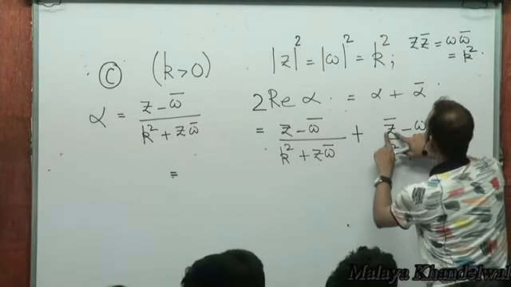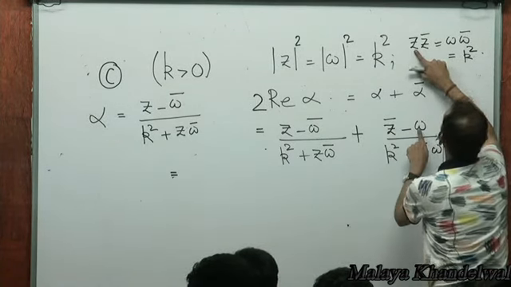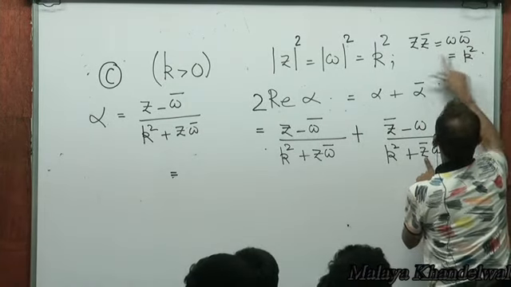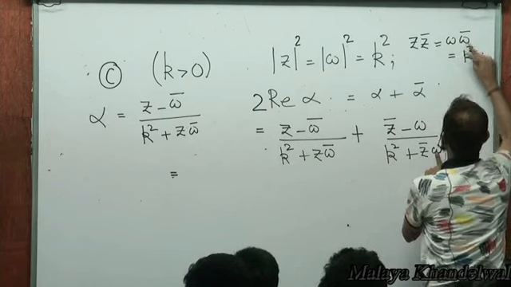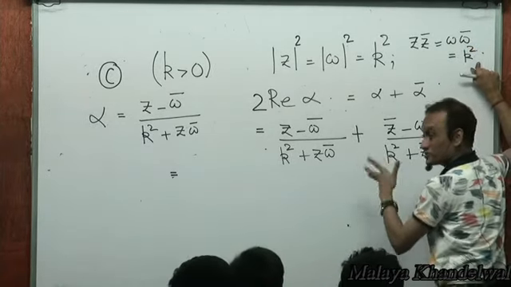Now what I do is, in this expression, this z bar I replace by k squared by z, this omega I replace by k squared by omega bar, and z bar once again by k squared by z, omega by k squared by omega bar. I do this so that it will match with this expression, the terms.